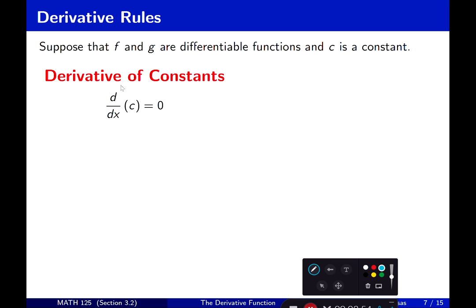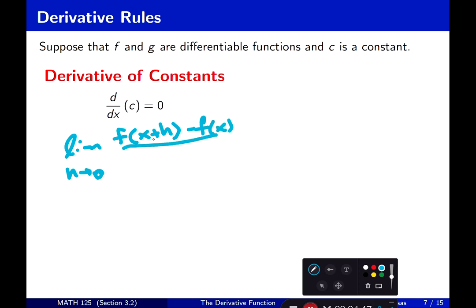What is the derivative of, let's say, c, a constant? How do you take the derivative of c with respect to x? According to the limit definition, this is equal to the limit as h approaches 0 of f at x plus h minus f of x divided by h.